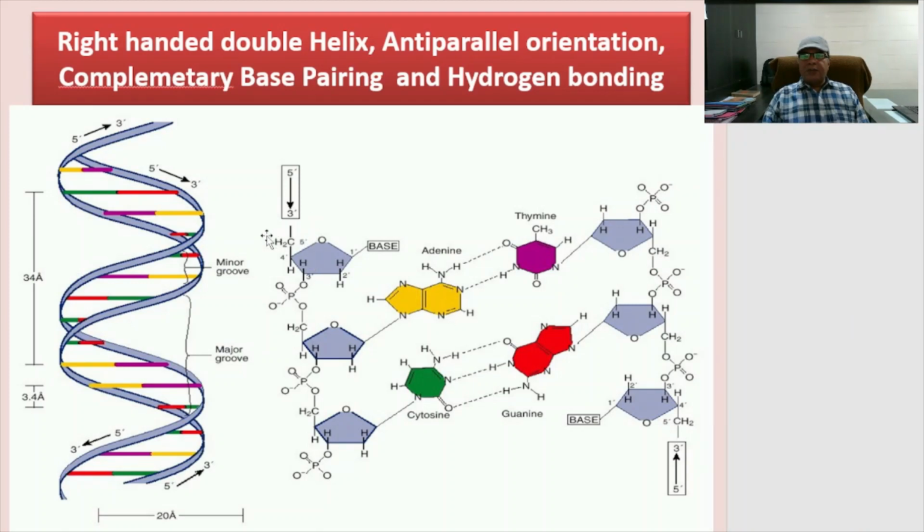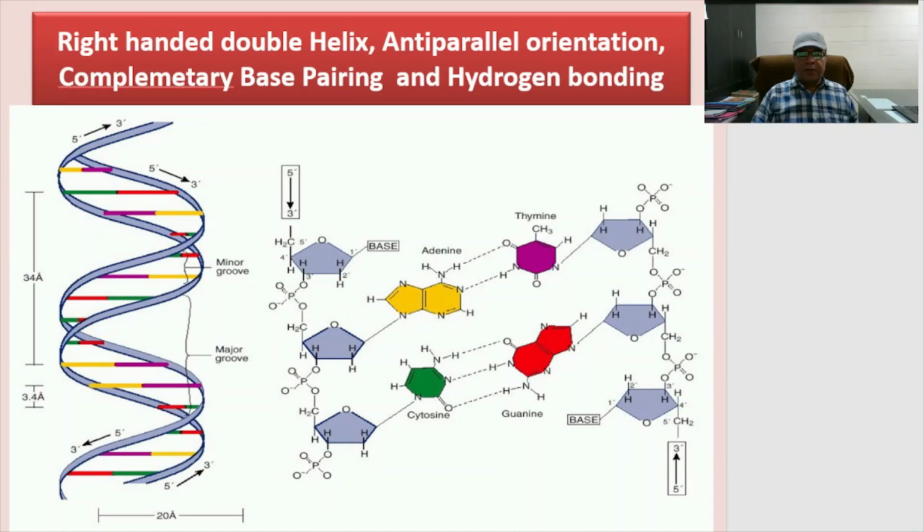If here it is 5', in the opposite direction there is always a 3' end, and if here it is 3', in the opposite direction it is always 5'.